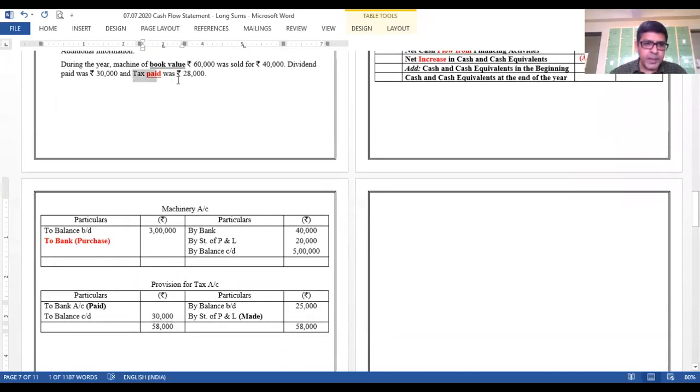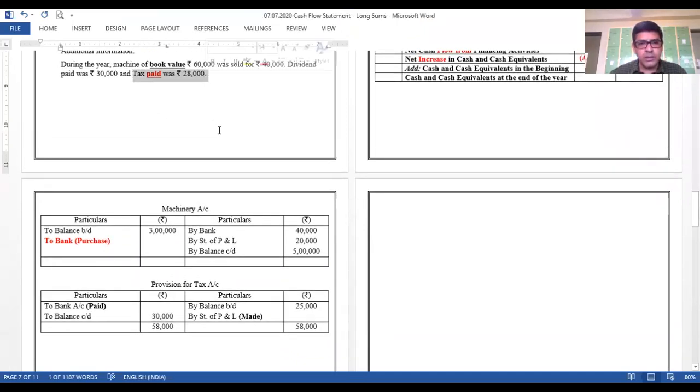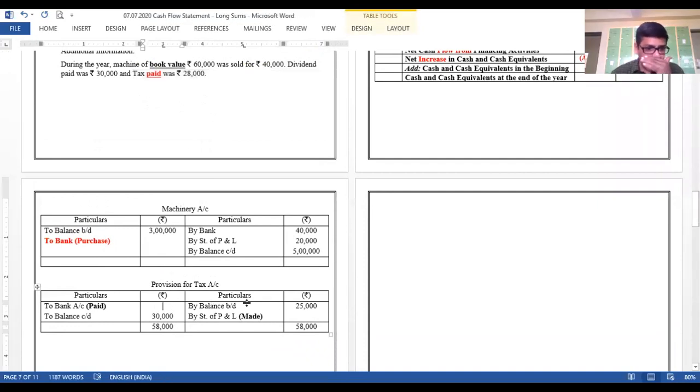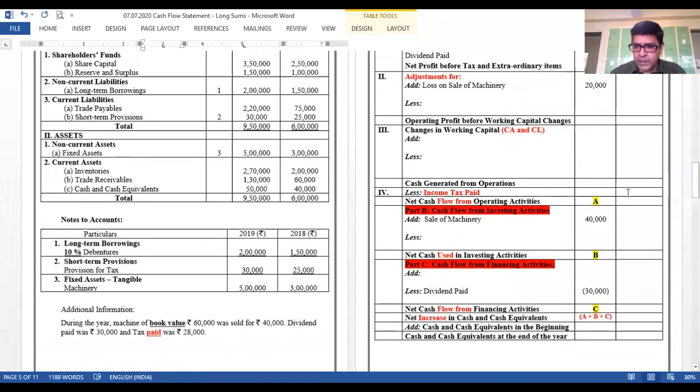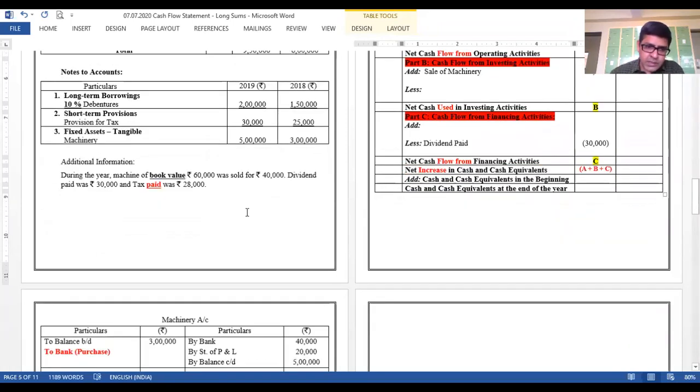Now, taxes paid can be seen as 28,000. So the paid part has to go on the debit side in the ledger. You can see that to bank, the amount paid by us 28,000. And when you talk about taxes paid during the year, operating activity, fourth part over here, 28,000, income tax paid. That's all for the adjustments.